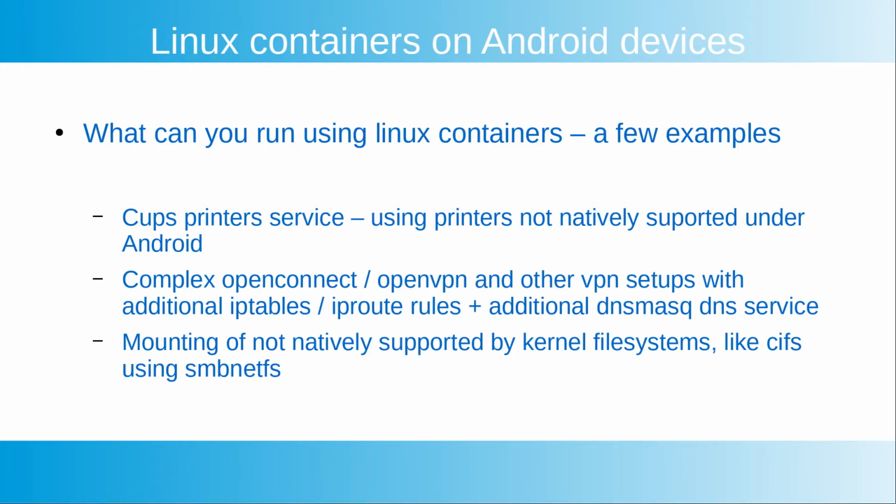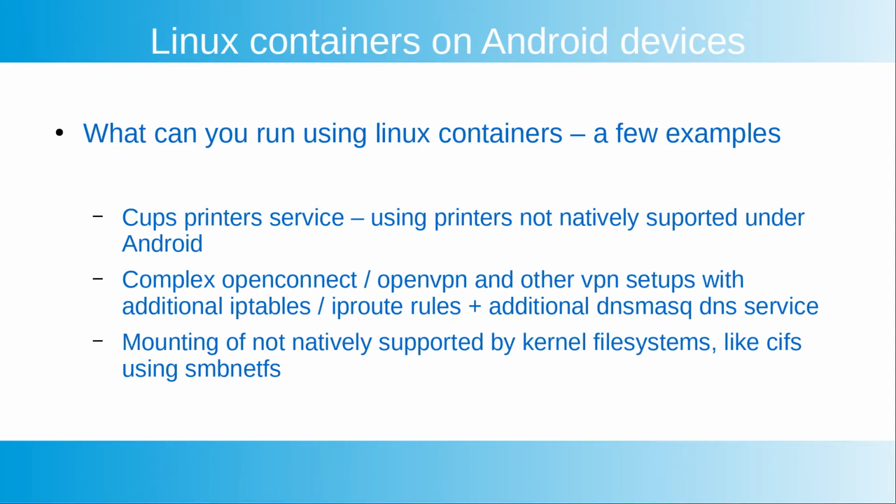And I really often need stuff that needs root permissions. I have a complex OpenConnect, OpenVPN setup with split-brain DNS using dnsmasq and additional iptables rules and ip route rules. So for that it's really great.